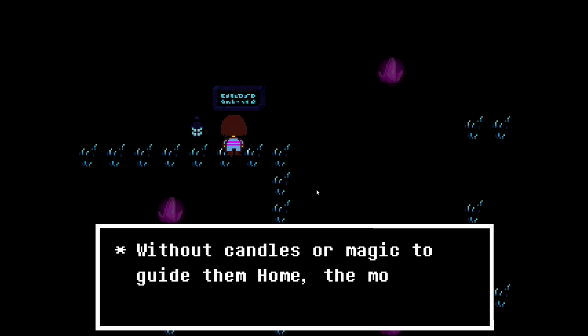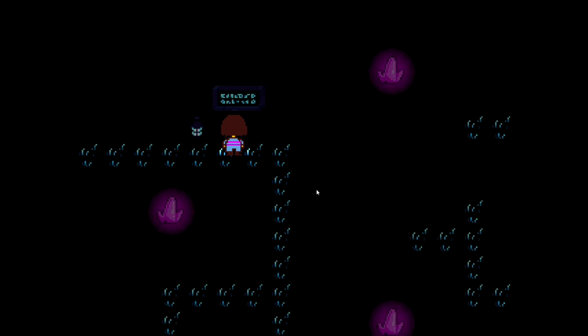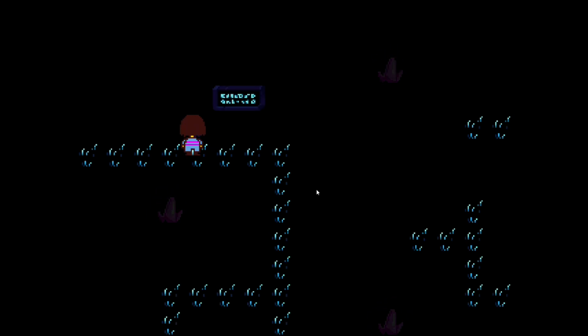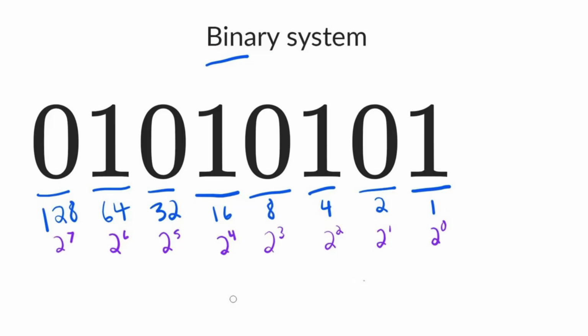About binary, as you probably saw previously, there was a chart. I'm just going to show that again. As you can see in this chart, the farthermost one on the right is 1.